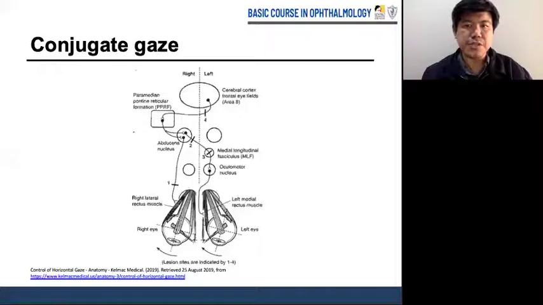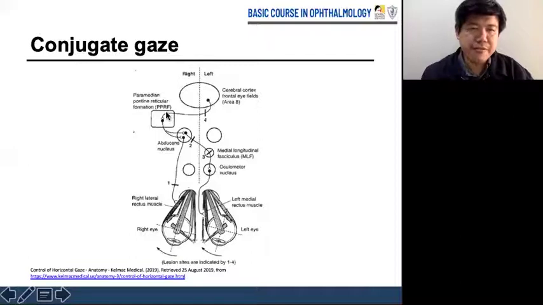So coordination for conjugate gaze, particularly in this example, where both eyes are looking at the right side or right gaze, the stimulus starts from the left area 8, then to the right PPRF or the paramedian pontine reticular formation, and then to the right cranial nerve 6 nucleus.